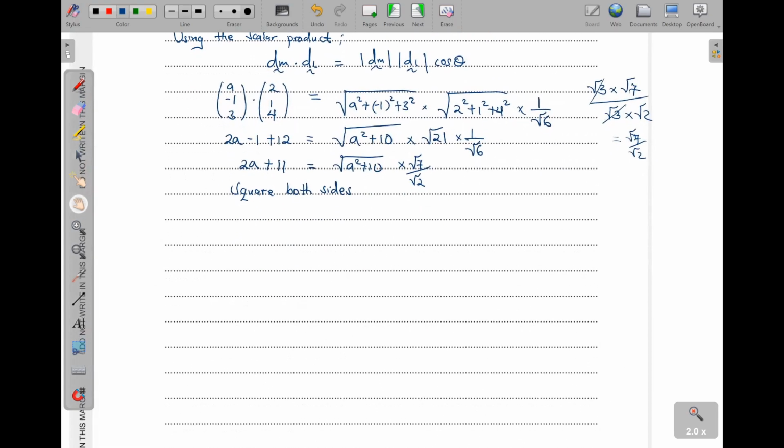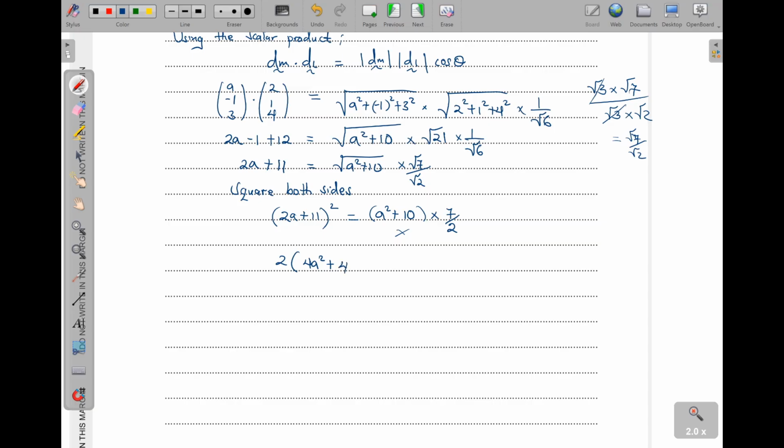So we shall have 2a plus 11 squared, and when I square this side, the square roots are going to go. I will have a squared plus 10 here, and then times 7 over 2. Can now cross multiply. So 2 into, this will be 4a squared, then 2 times 2a times 11, that will be 44.